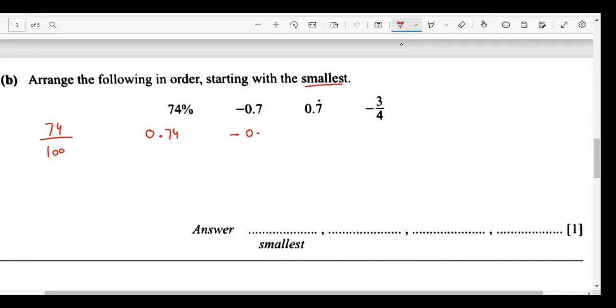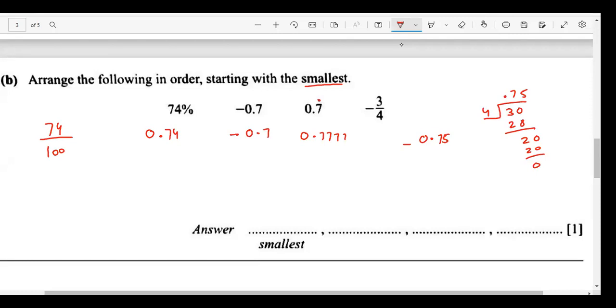Then there is negative 0.7 with a dot on it, that means 0.7777, so it's okay if I write 4 sevens. And then minus 3 by 4. Dividing 3 by 4, I need a decimal, so it's 30, 28, remainder 2, again a 0, 4 into 5 is 20, so it would be negative 0.75.